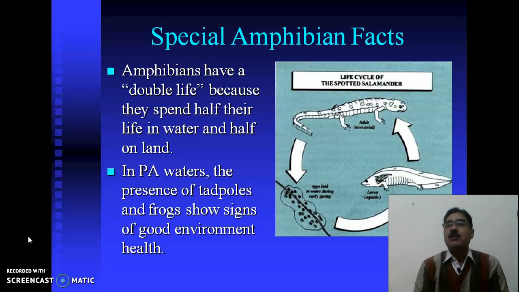Apart from it, it generally lives in a moist environment. Then the presence of tadpoles and frogs shows signs of good environmental health. Generally, tadpoles and frogs are present in a water body if it indicates that the water body has more purity of water.